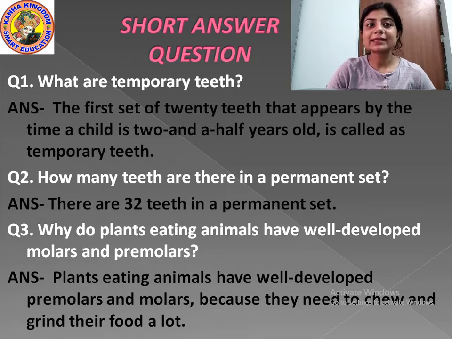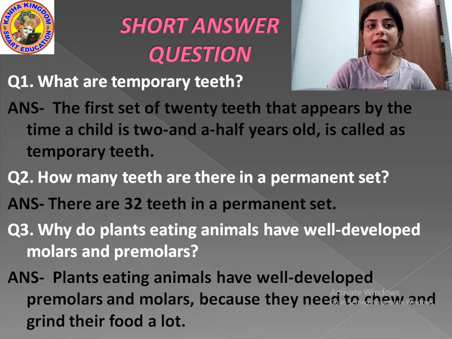Then question number 3. Why do plant-eating animals have well-developed molars and premolars? The answer is plant-eating animals have well-developed premolars and molars because they need to chew and grind their food a lot.